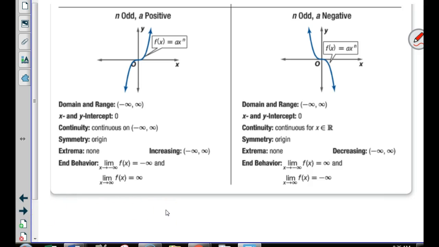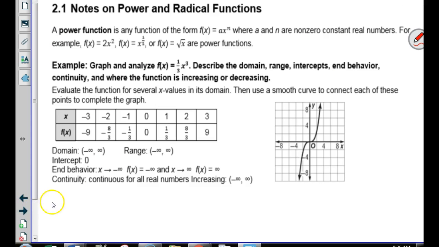These we have also kind of already talked about because we've done x cubed, x to the 5th, etc. If it's positive, it's going to start in quadrant 3 and end in quadrant 1, going left to right. And if it's got a negative coefficient, it's going to flip around. But nothing is confusing about domain and range or increasing, decreasing there.